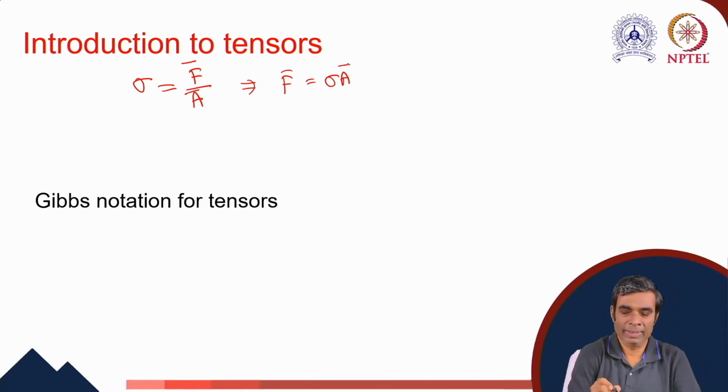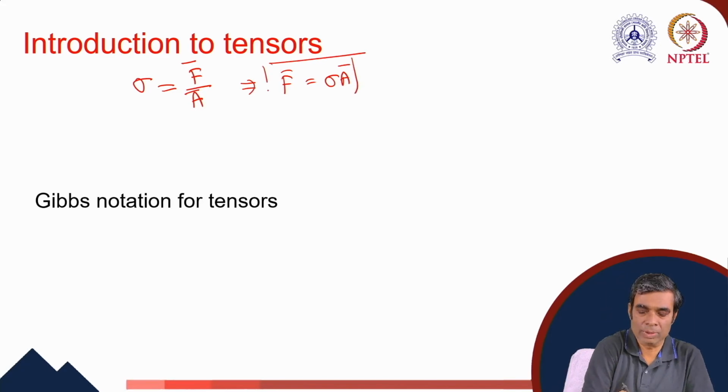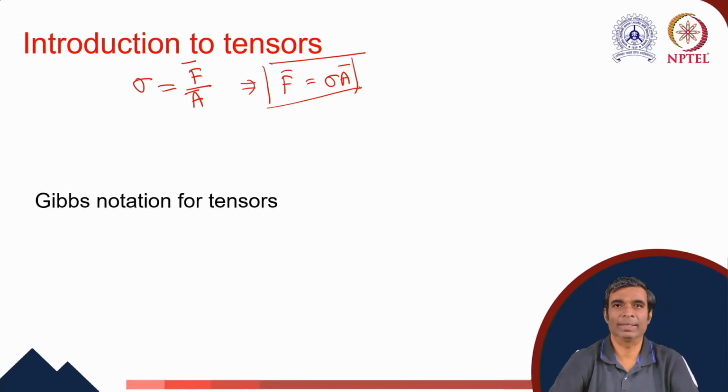Now in this expression F bar equals sigma A bar, sigma is a quantity which should take the directions of both force and area. When the directions of force and area are the same, we get a normal stress, and when they are perpendicular to each other, we get a shear stress.